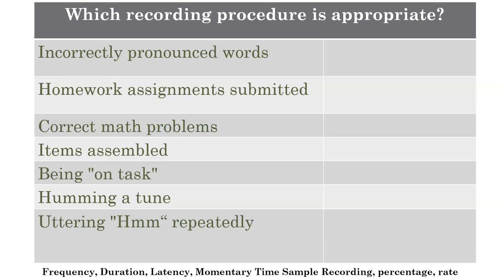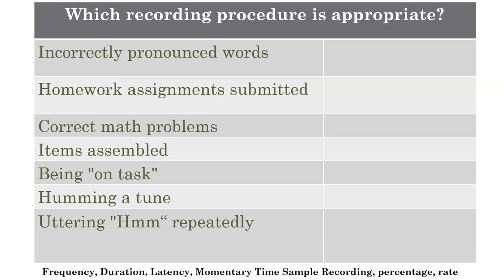Look at these examples, and which recording method would be appropriate for each. Incorrectly pronounced words. Well, if you're limited by the opportunities given by the teacher, you would record percentage, the number correct out of the total opportunities. Homework assignments submitted. Well, probably you could just use frequency.